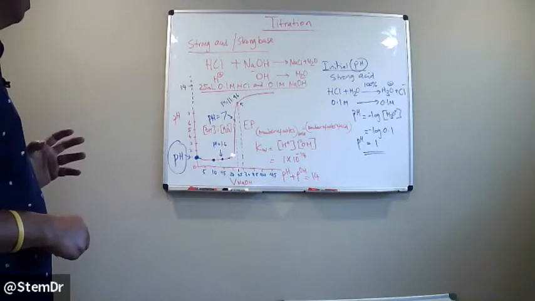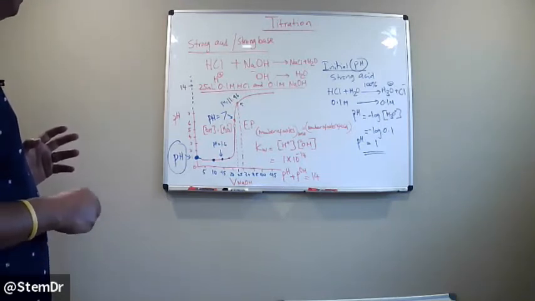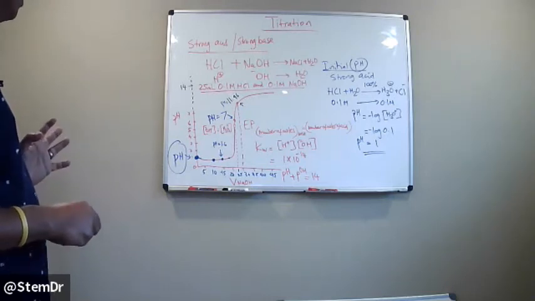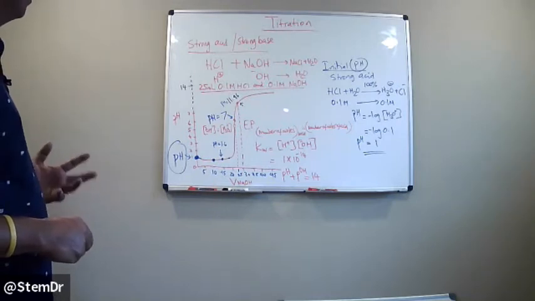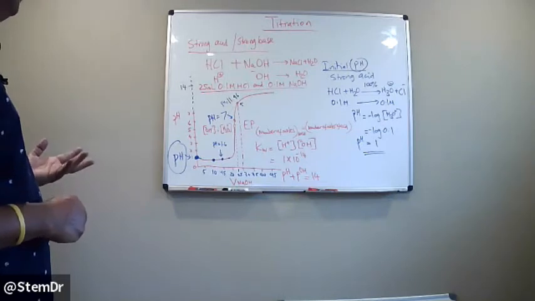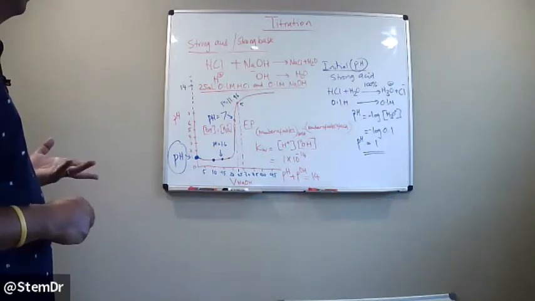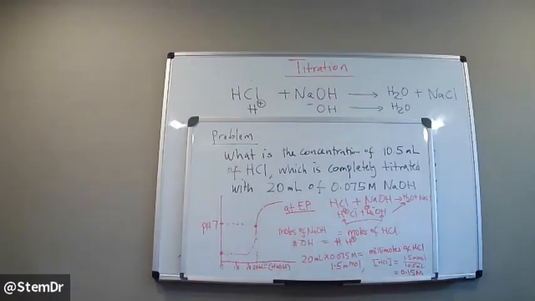So this is how the curve is constructed. Mostly a strong acid, strong base titration curve is very simple, but we will continue our discussion on the titration of, for example, a strong acid with a weak base or a weak acid with a strong base in our next discussion. Continuing our discussion on titration, just to give you an example of how you apply a titration equation or a titration curve to solve a problem.